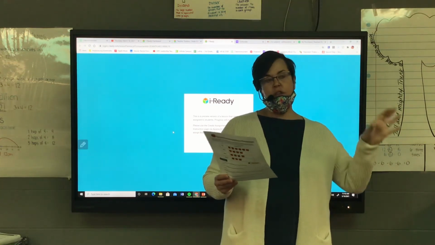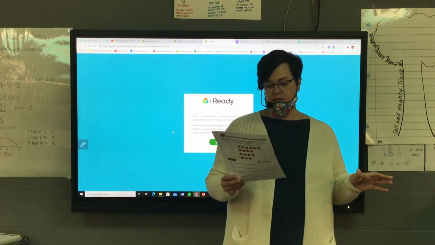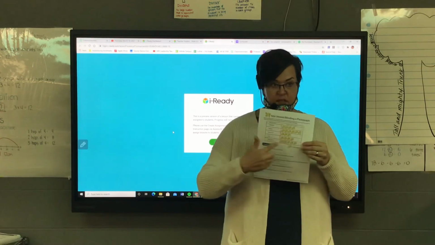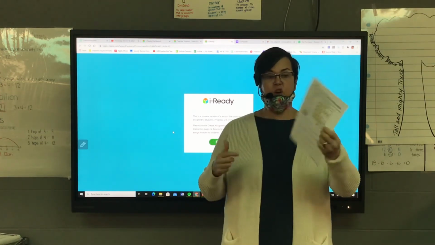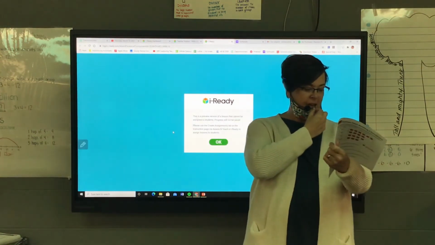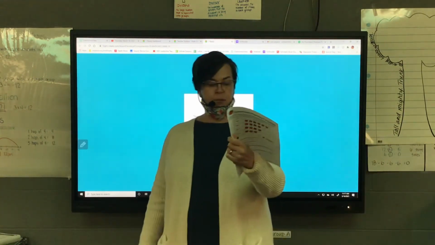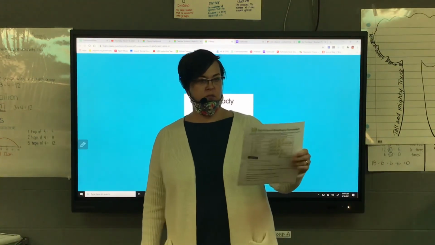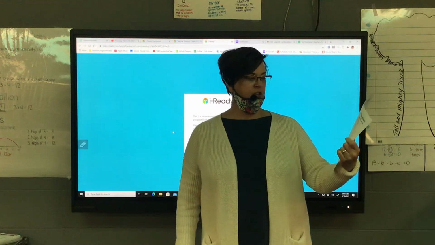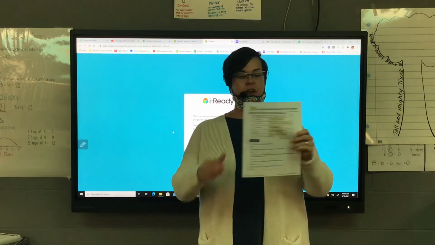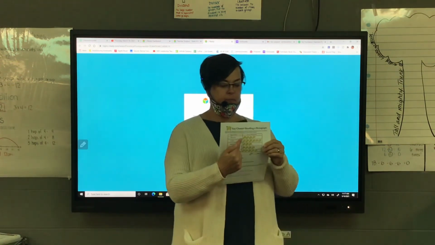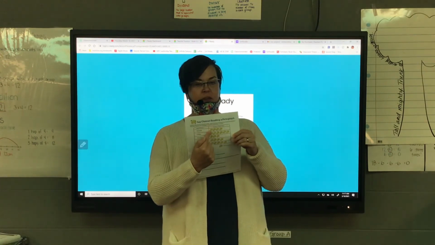Okay, then 5. If all the cheese, we're talking about all of this, if all the cheese cost $2 per pound, how much did he earn today? Now, friends, remember, look up here. This is 5 pounds.